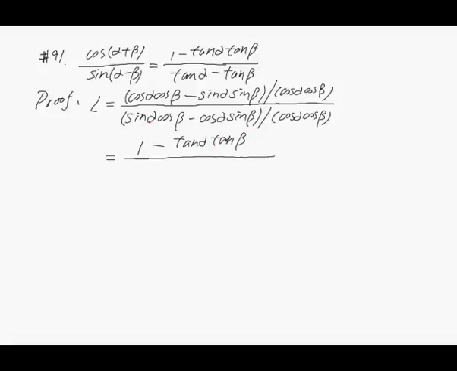And then this guy divided by cosine alpha cosine beta: cosine beta cancels, sine alpha over cosine alpha, you got the tangent alpha. And then this guy over the cosine alpha cosine beta: cosine alpha cancels, sine beta over the cosine beta, you got the tangent beta. And this is just the right side.